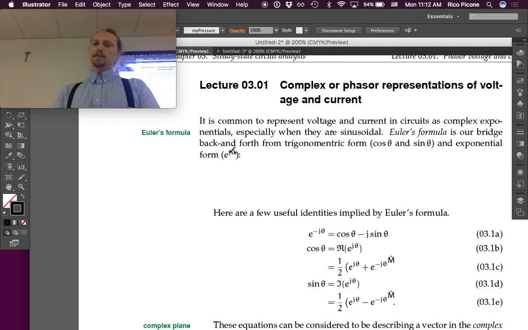So we're going to start off with the first lecture on complex or phasor representations of voltage and current. So this is what the EE people have been whining about, if you know any of them, all these years, is phasors. That's your cue to be scared.